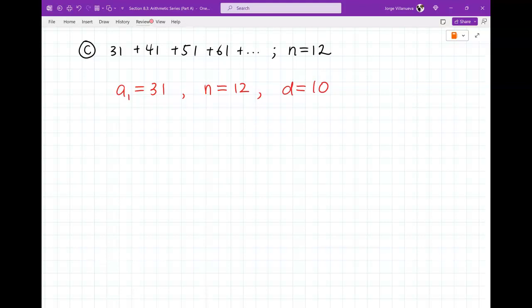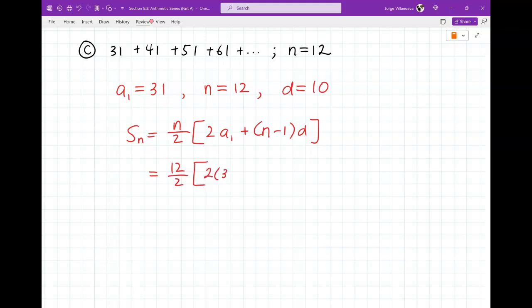So here we go. Since S sub n is equal to n over 2 times, again, I'm just writing the formula so we have something to look at when we're doing this. So n is 12 over 2 times 2 times A sub 1, that's 2 times 31, plus n, which is 12 minus 1, times d, which is, what was it, times d? That's 10.